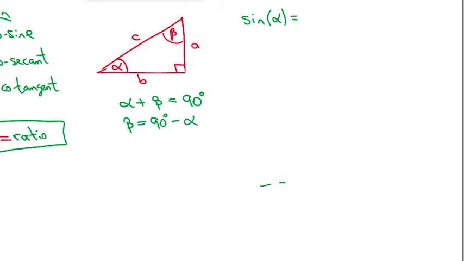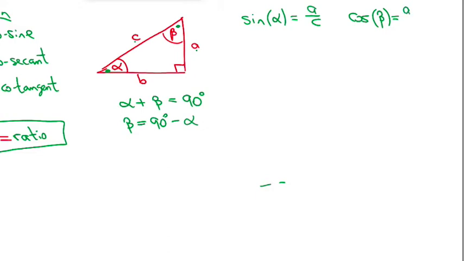The sine of alpha, which is this angle over here, is A over C. It's opposite over hypotenuse. What is cosine of beta equal to? Now beta, be careful, is the angle up here. It's still A over C, because from beta's perspective, A is adjacent and C is hypotenuse.